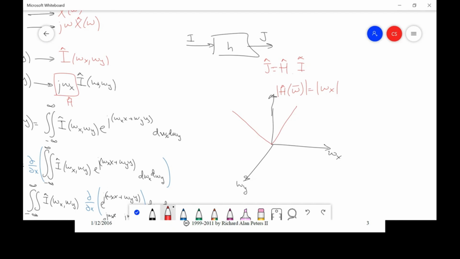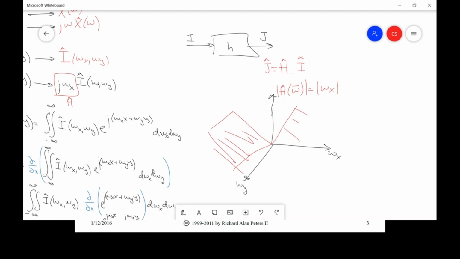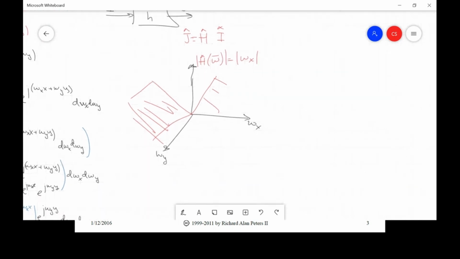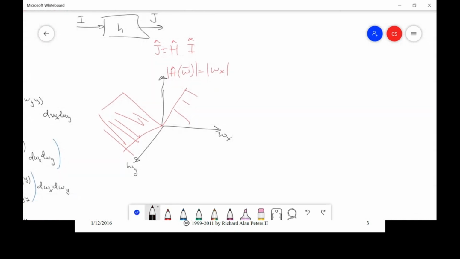Okay, but it is a plane. I'm very bad at drawing, but you can imagine this is a whole plane, and this is another plane. So if you look from omega y, so omega y is now pointing out of the screen, this is omega x, this is the module of H. Looks like this, this filter.